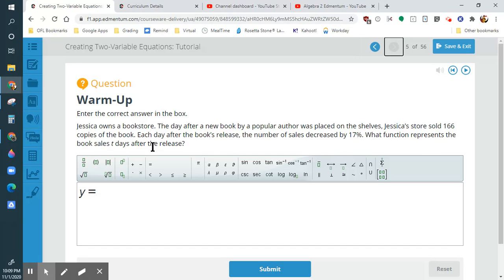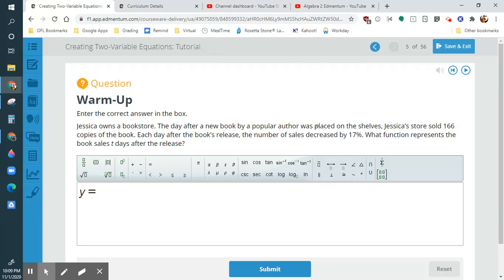So Jessica sold 166 copies of her book. Each day after the book's release, the number of sales decreased. Because it's a percentage, we know this is an exponential decrease.